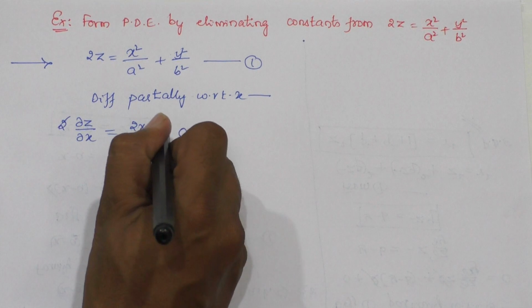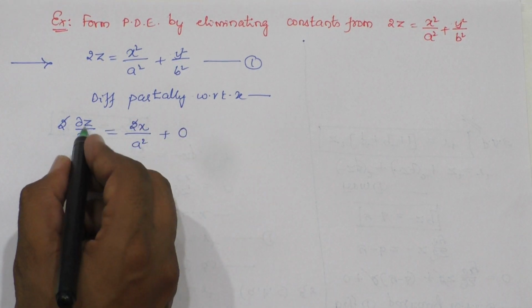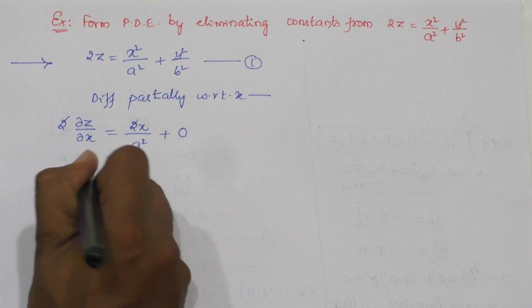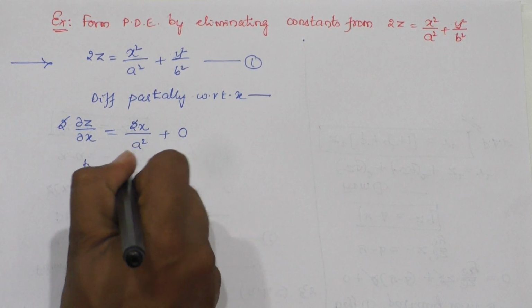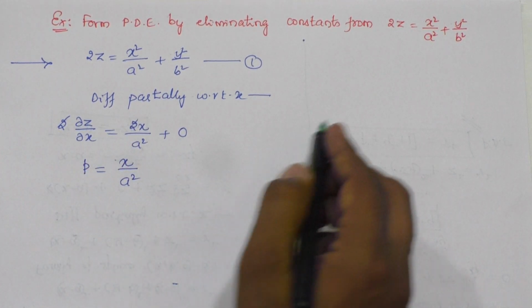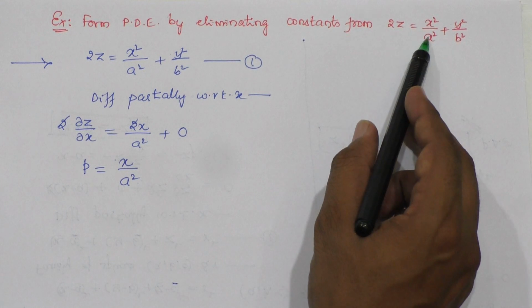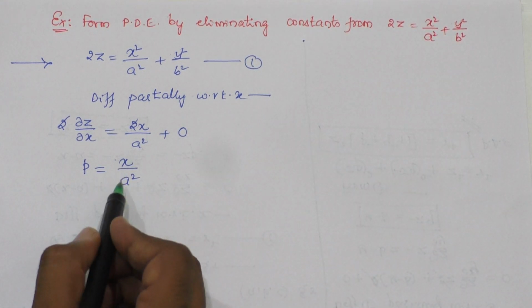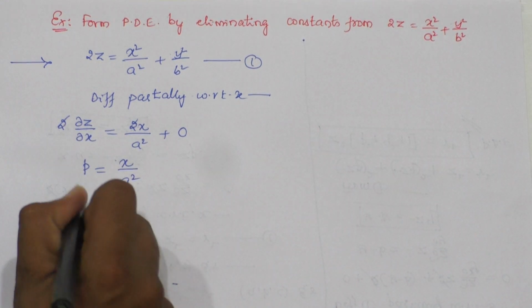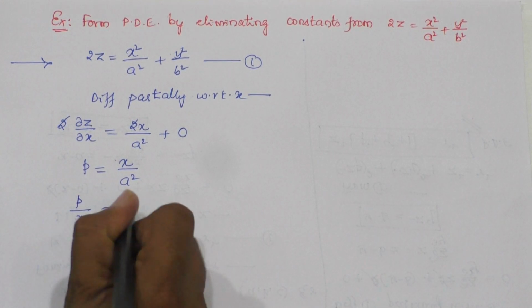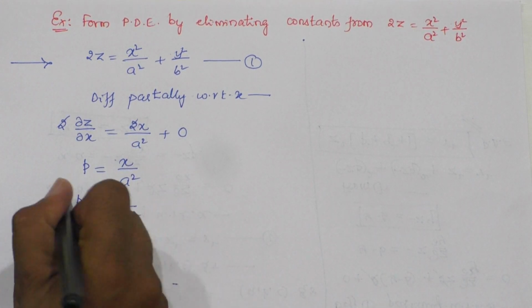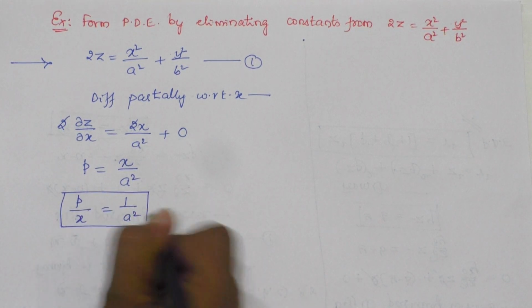Now the 2 cancels on both sides. So dou z by dou x means p equal to x by a square. Here we have 1 by a square, so let us find an expression for it. Take x this side, so p by x equal to 1 by a square.